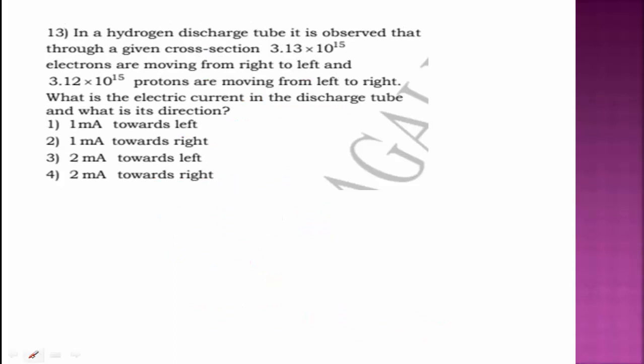The next question is, in a hydrogen discharge tube, it is observed that through a given cross section 3.13 into 10 to the power of 15 electrons are moving from right to left, and 3.12 into 10 to the power of 15 protons are moving from left to right.